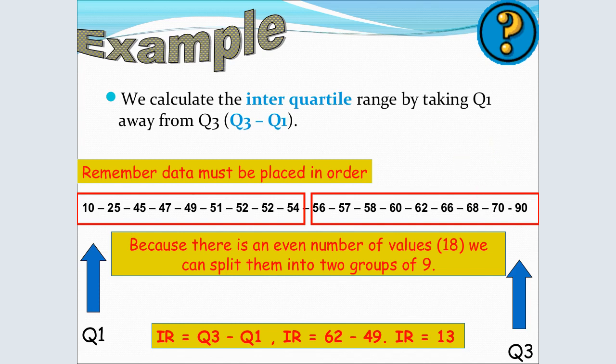So 18 plus 1 divided by 4, what is the answer from your side? 19 divided by 4 is 4.75. Because we don't have a 4.75, we just count up to the fourth number, then the fifth value is going to give us what we want. So we are going to count 1, 2, 3, 4.